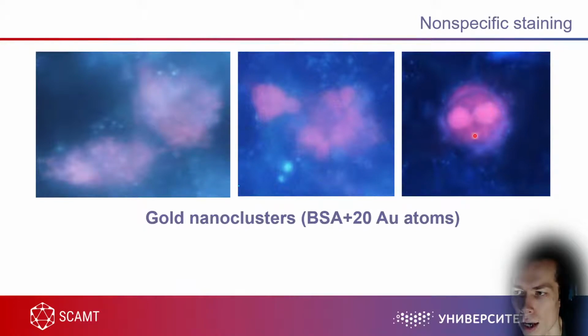dividing of the nucleus. And during the mitosis stage, there is no endosomal transport, no exosomal transport, so the cell is just dividing and does not spend energy on other processes. So in this case, all of the nanoclusters which were accumulated in cytoplasm retain in cytoplasm without being dissolved by lysosomes.